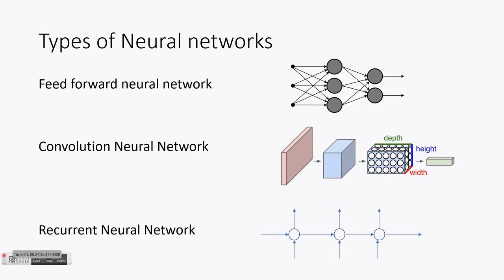And then we have what is known as a recurrent neural network, which is used on data sets which have some sort of time series. For example, it is used mostly in natural language processing.